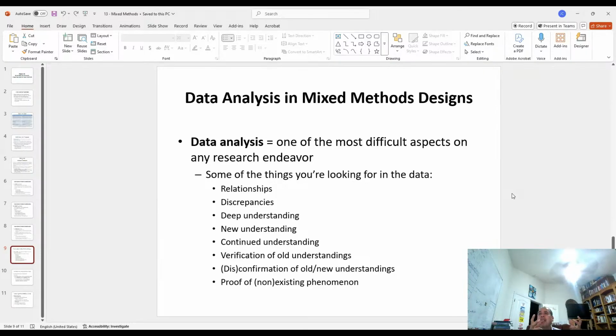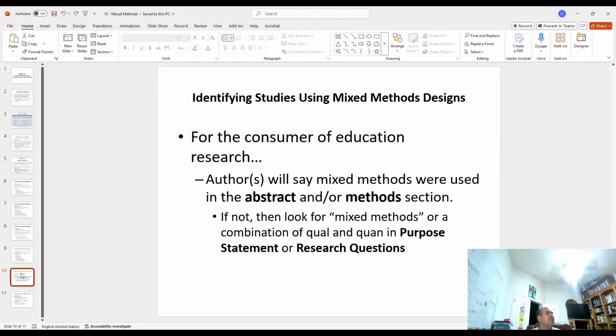Are there any new understandings that come from both or one or the other? Is there continued understanding? How do you continue to learn and expand the knowledge that you've gained from that type of study? There's verification of old understanding, confirmation and disconfirmation of new and old understandings. And there's also proof of non-existing phenomena that may come about in designing and implementing studies.